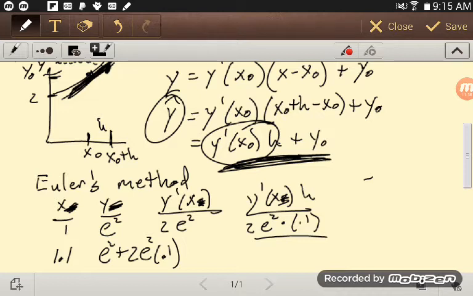It's just a tangent line, and if I know what a tangent line is, and I know that the differential equation is just giving me that slope for any x0, y0, Euler's method is just no big deal. I just keep computing a new tangent line value from my latest values.